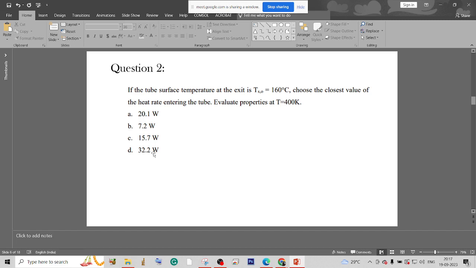You solve this, you will get the exit temperature, and from that you can get the heat transfer rate.